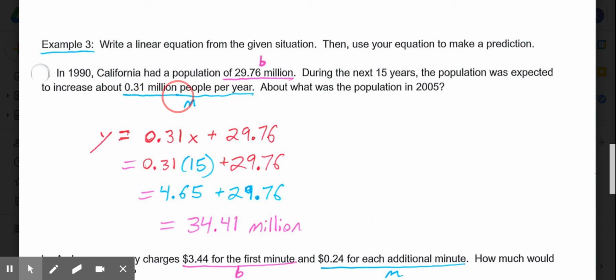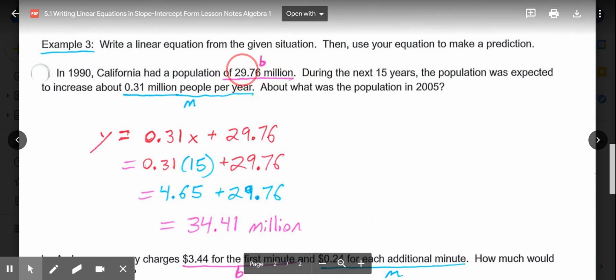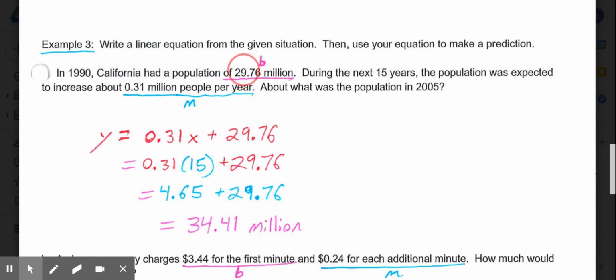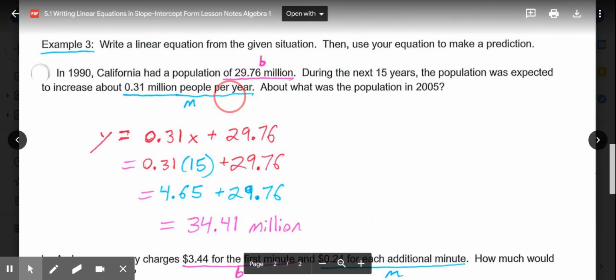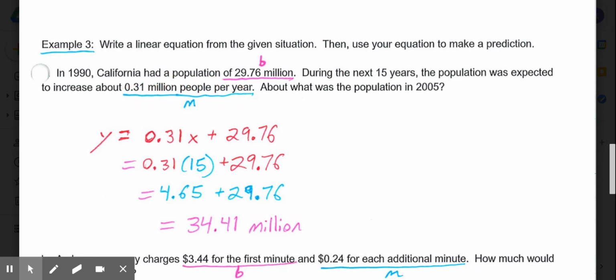So the part that's the rate, like people per year, miles per hour, dollars per pound, whatever's the rate, gives you a hint that that number is going to be your slope. So 0.31 is my slope, or m. The constant, the starting number on its own, tells you the y-intercept. The rate tells you the slope.